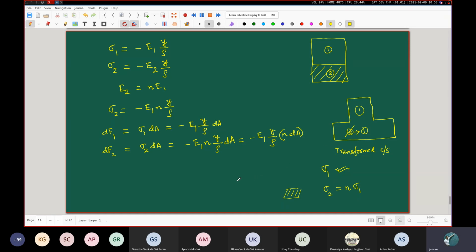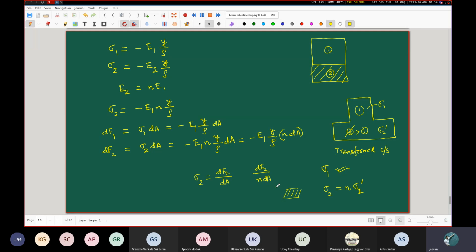The reason is that sigma 2 is actually dF2 by dA. But what you have done now is actually dF2 by n dA. So when you are finding the sigma, I should actually write this as sigma 2 dash. So this here is the sigma 2 dash, and this here is the sigma 1, no problem.